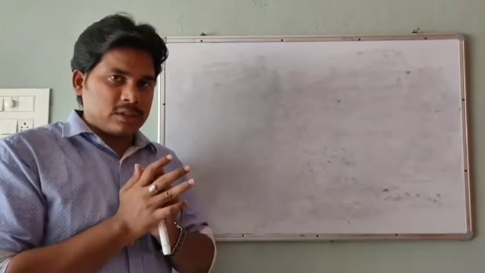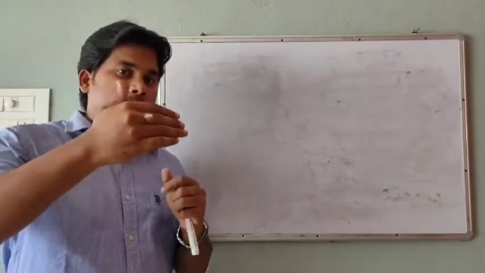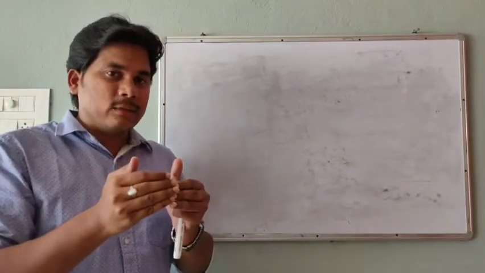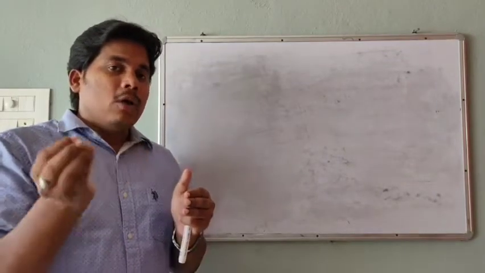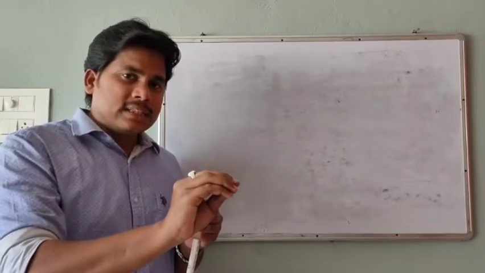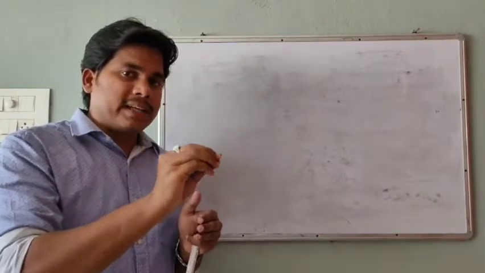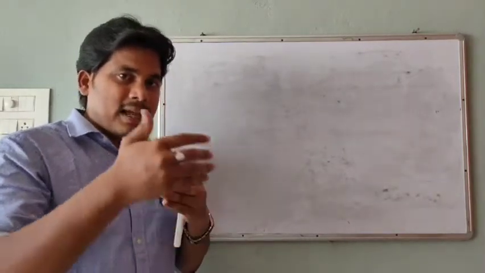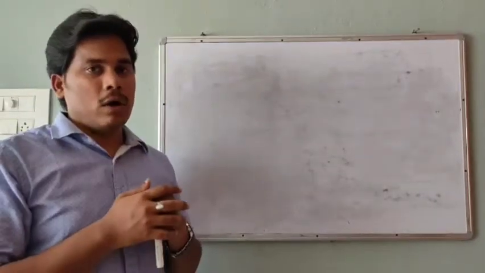But when they reach the metal surface, as it is negatively charged, then what will happen? All the positively charged dust particles will attach to this metal and the cleaned air will go outside.